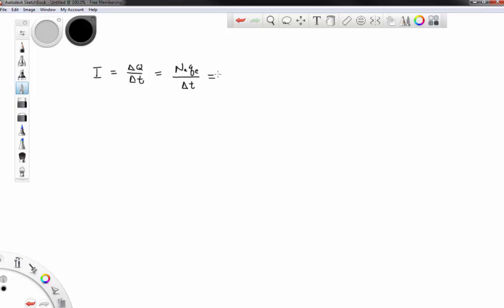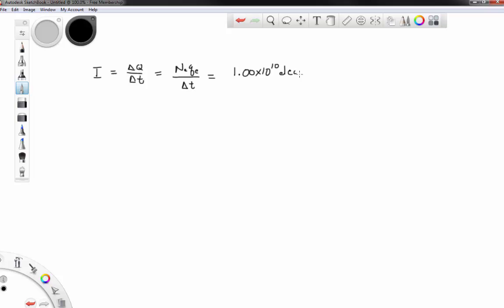You can go look up the charge in table 8.1 if you don't remember what it is. We were told that there are 10 to the 10 electrons that move per second through this wire.